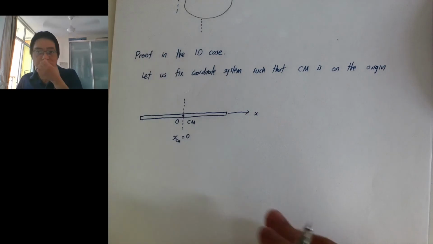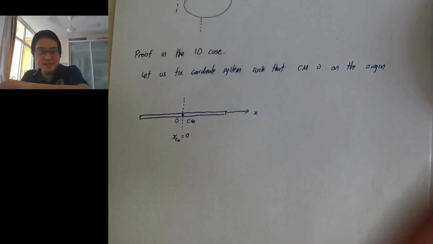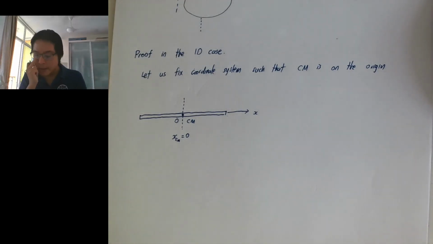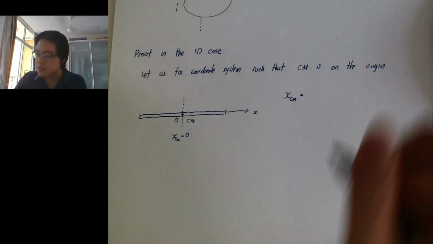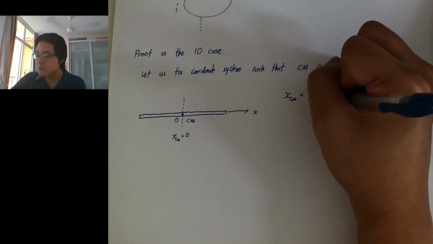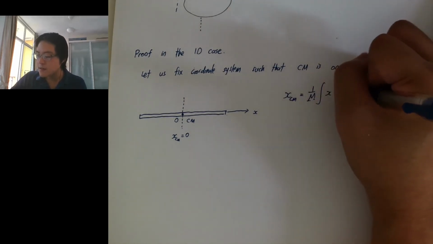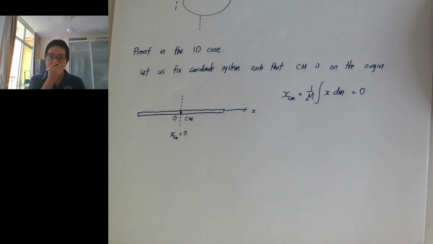I purposely put the origin on the center of mass. If it's not at the origin, I can move the x-axis so that the 0 goes to the center of mass. Remember last time in the momentum chapter, we calculated that the center of mass is given by the integral of x dm, and if this is at the origin, this should be equal to 0.